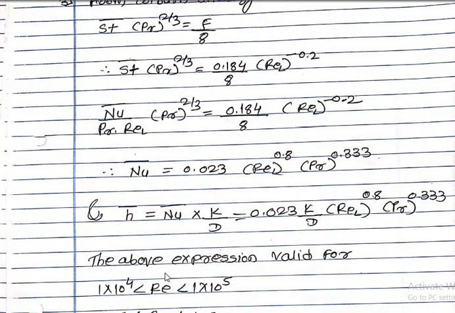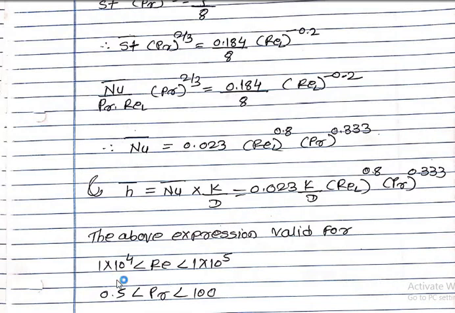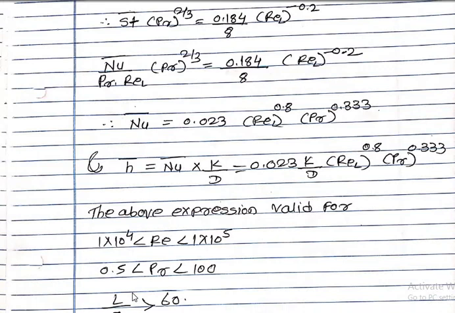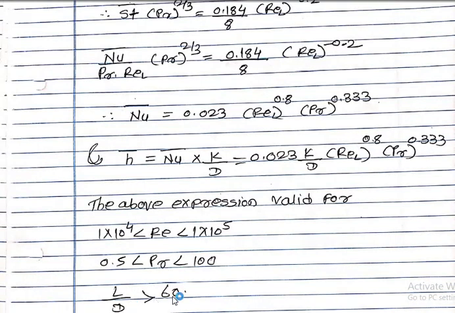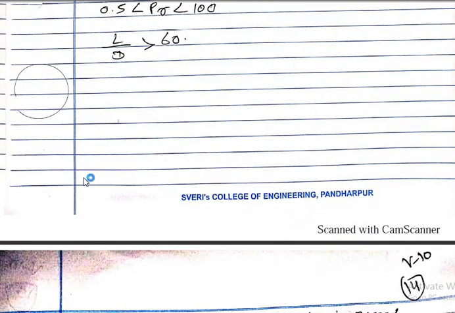Now the conditions for these two expressions are, if the Reynolds number is between 1 into 10 raised to 4 and 1 into 10 raised to 5, the Prandtl number is between 0.5 and 100, and the ratio L divided by D should be greater than 60, then we can use these two relations, or else we can use further correlations on the basis of the friction factor.